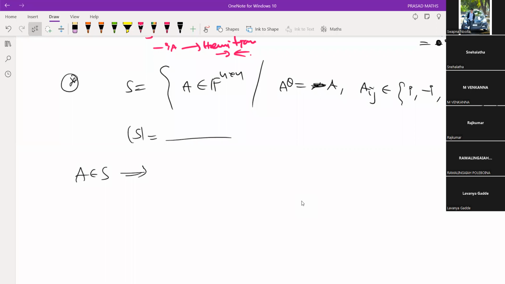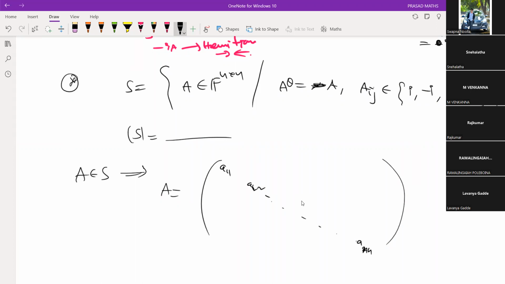If you take an element in S, it should be in a form like this. Now tell me, what is the cardinality of S? So this A11, A22, the diagonal entries, 4 power n into 4 power n into n minus 1 by 2.